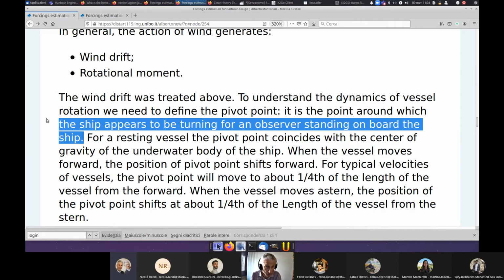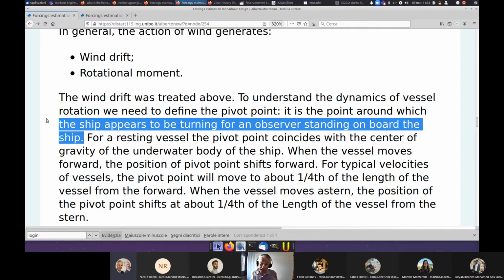If the underwater body is very small, the ship has a low resistance to movement. So what really constrains the movement is the underwater body, and the center of gravity of this underwater body is precisely defining the pivot point.